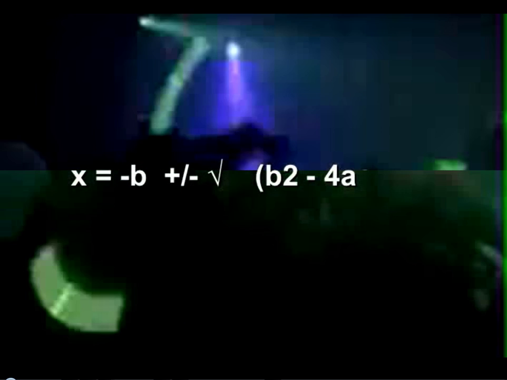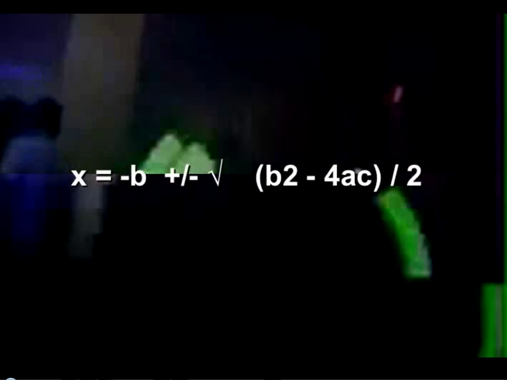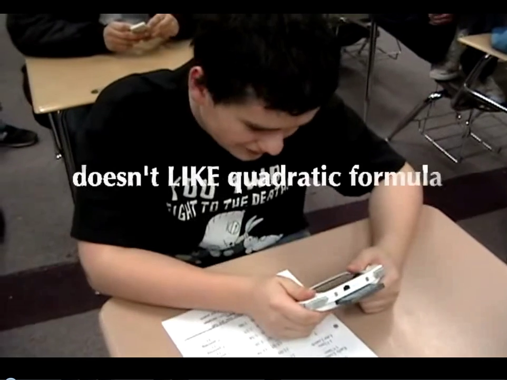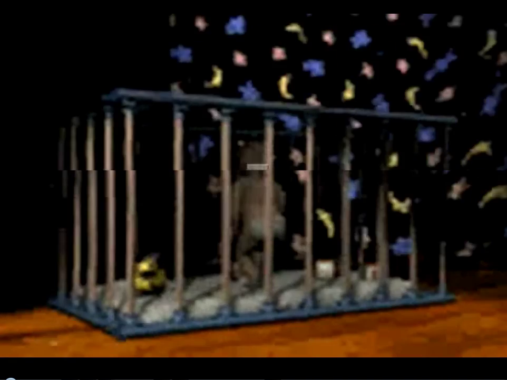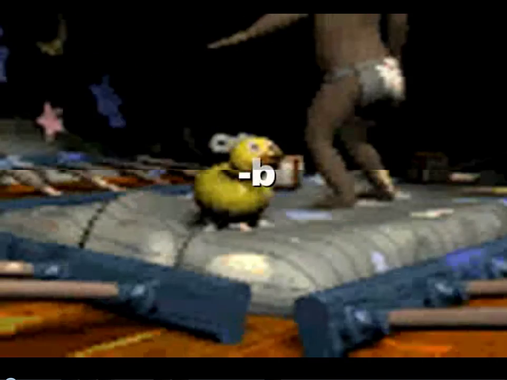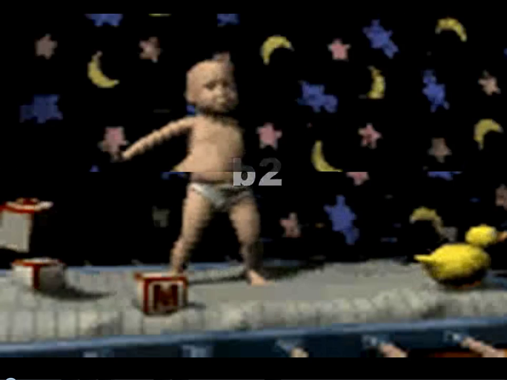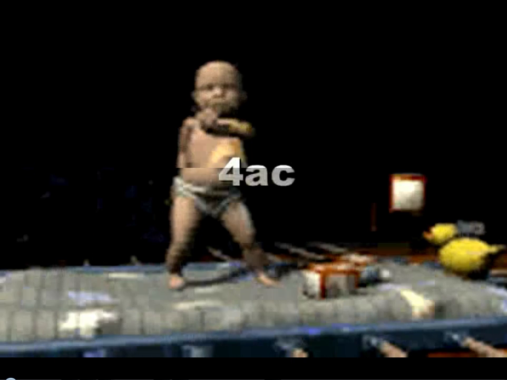X equals -b plus or minus square root b squared minus 4ac divided by 2a. Let's try and make it a little rockish. X equals -b plus or minus square root b squared minus 4ac.